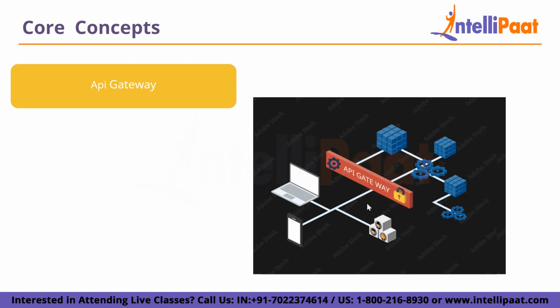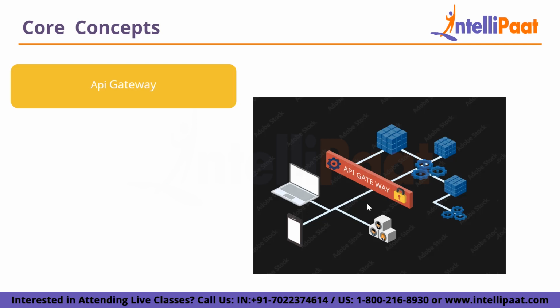Now let me recap what exactly an API gateway is. API Gateway, as I have told you earlier, is an AWS service that provides the following features such as creating, deploying, and managing RESTful APIs to expose backend HTTP endpoints, AWS Lambda functions, or other AWS services.